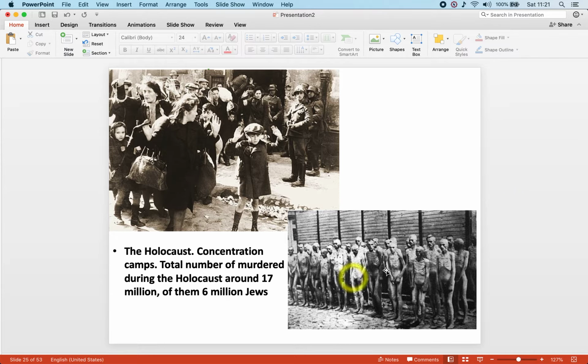This particular photograph here of naked men, this is actually a POW, prisoners of war camp, where you can see they are most likely all going to die because of the dystrophy. This is something that we should remember, and we should do our very best to never repeat again.